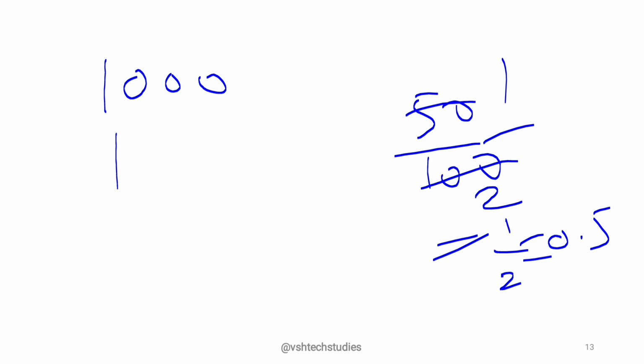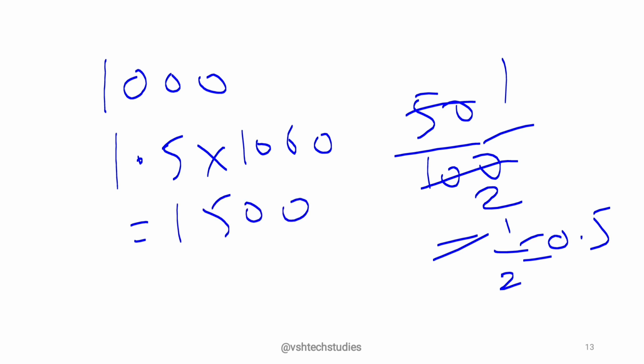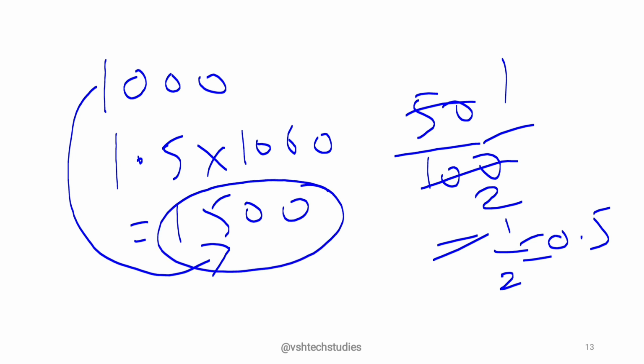So 1 plus 0.5 is 1.5, into the value 1000, which gives 1500. So 1000 after a 50% increment becomes 1500. We can get this just by multiplying 1000 by 1.5. 1 means 1 into 1000, the original value, and 0.5 means 50% of the original value. That gives 1500.